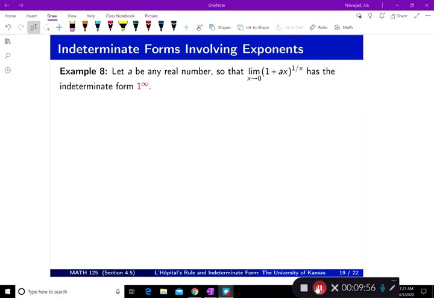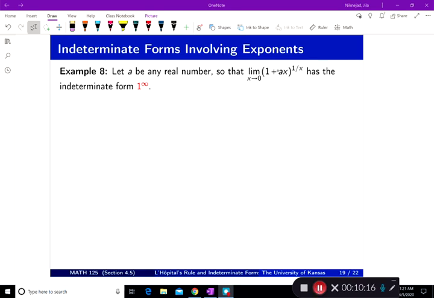Example 8. This time let a be any real number, so that the limit as x approaches 0 of 1 plus ax to power 1 over x has the indeterminate form 1 to infinity. So how do I deal with this?